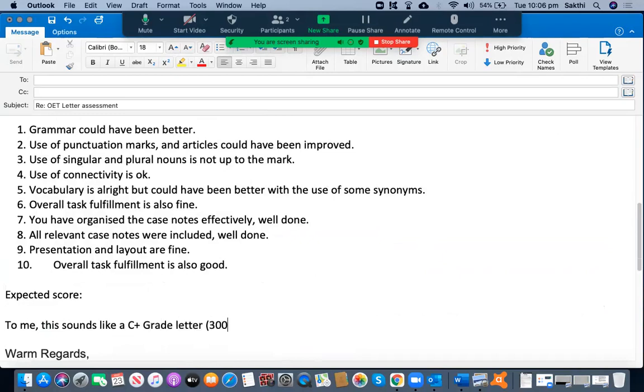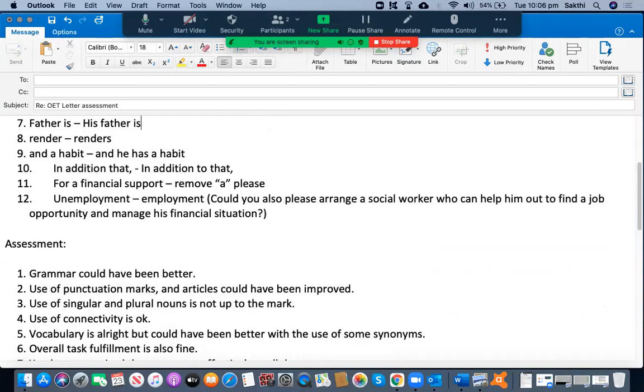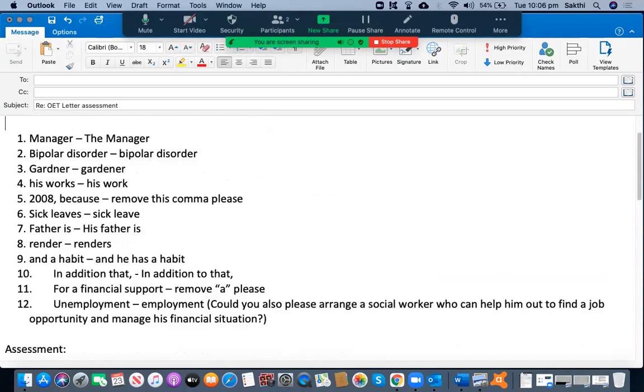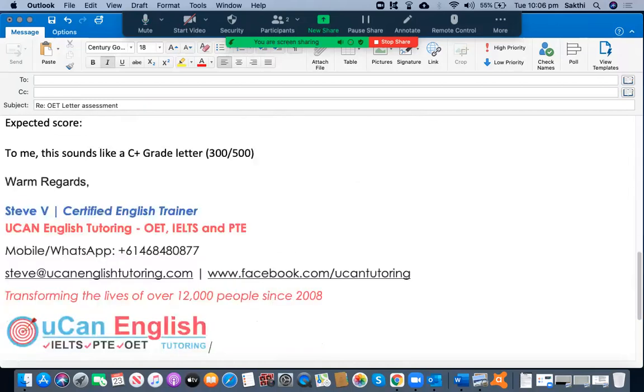You should be able to get 300 out of 500 because only some of the mistakes are critical ones. Others are not. So I'm happy to give you 300 for this letter. It's not that bad. All right.